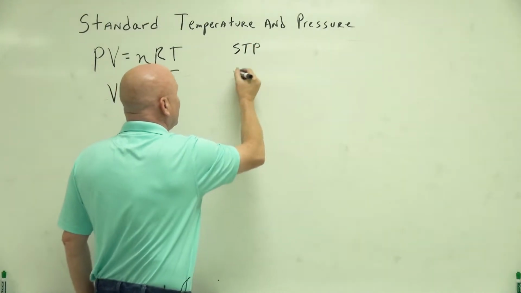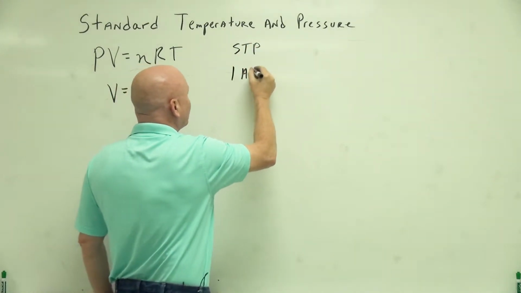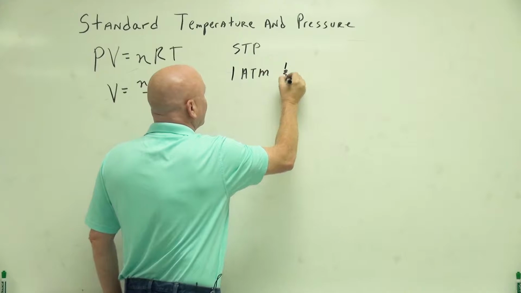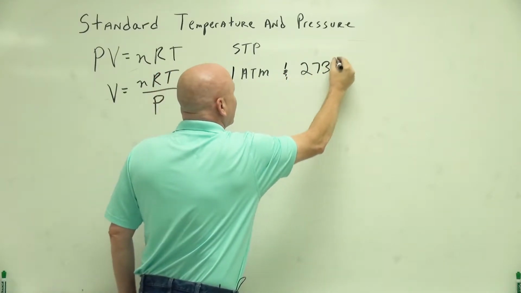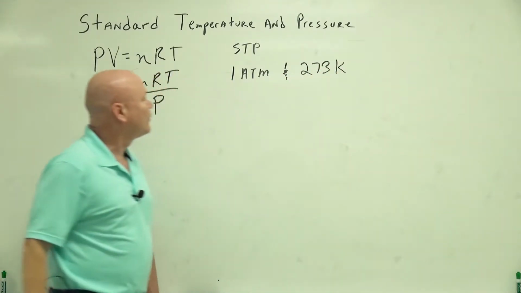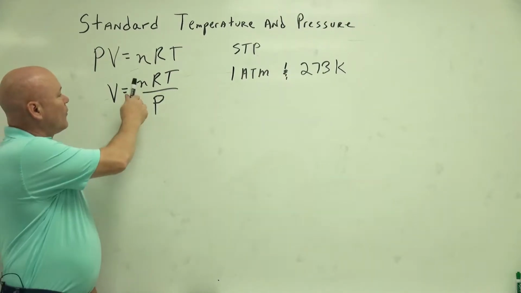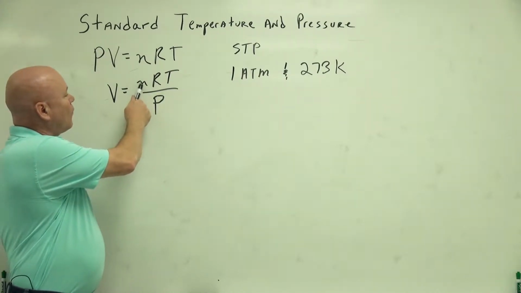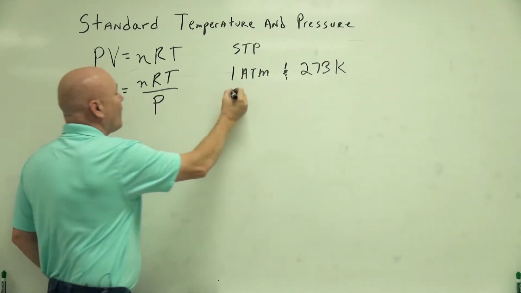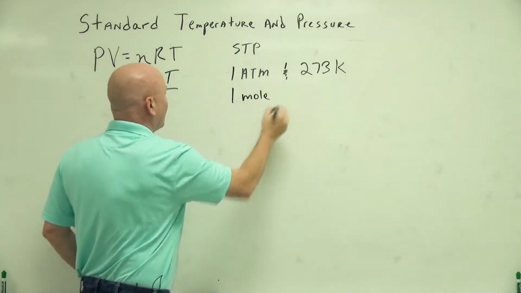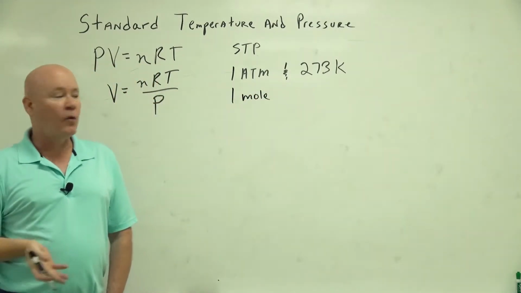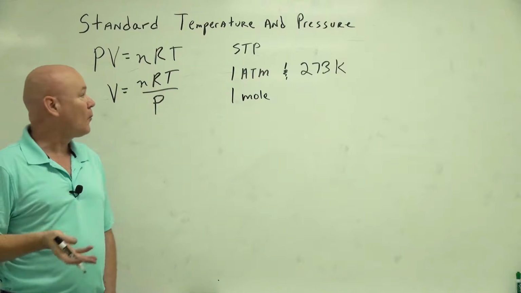Well, at STP, I'm going to go with 1 atmosphere and 273 Kelvin. Now that gets us our number of moles is going to be 1 mole, because we want per 1 mole. We want 22.4 liters per mole.